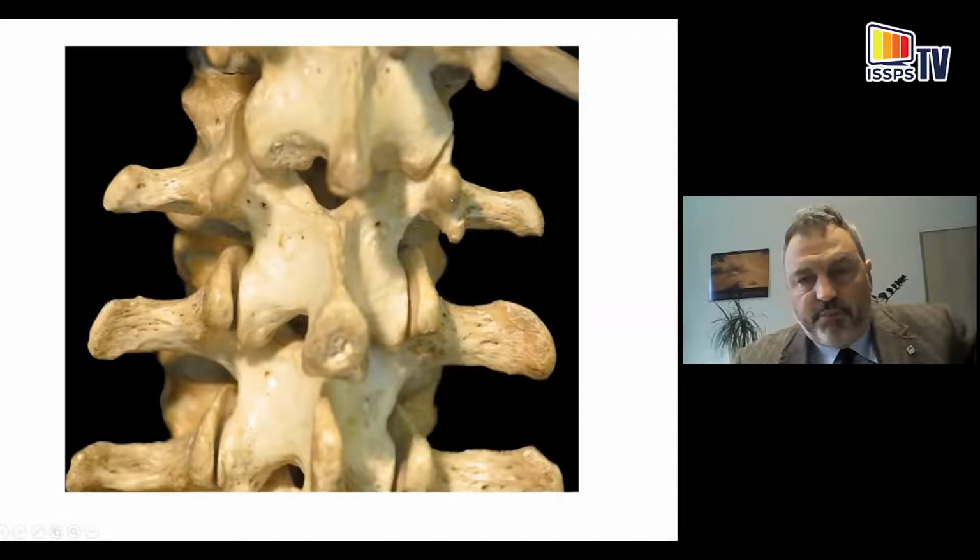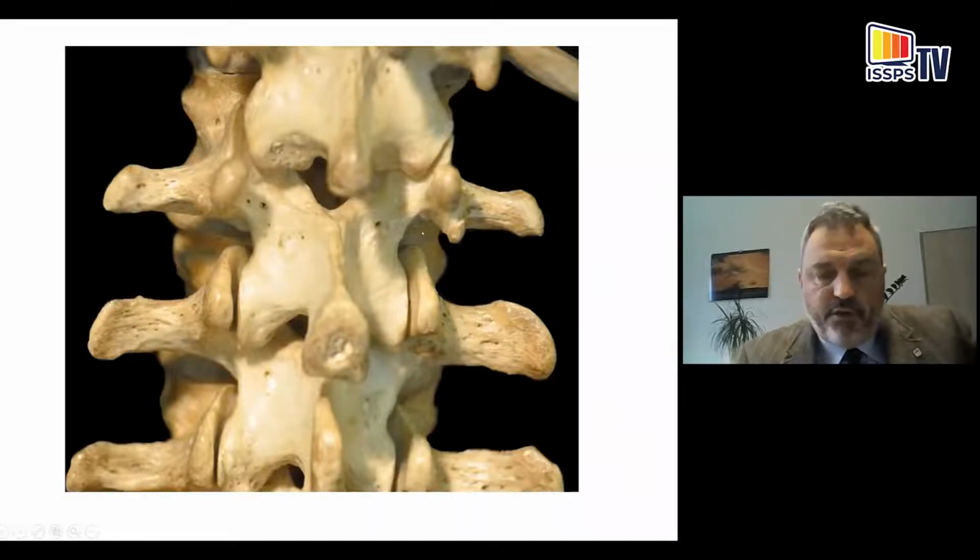These two, for example, are the so-called degenerated transverse process. And in between, you find a small groove where the medial branch will pass by and turn around and will send nerve fibers to the cranial and caudal zygapophyseal joint.